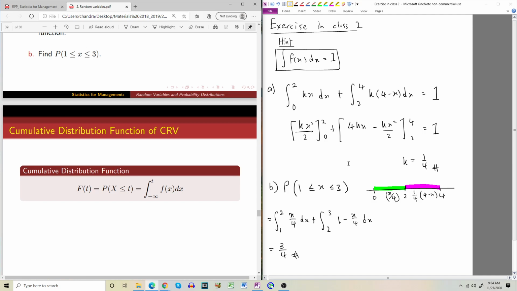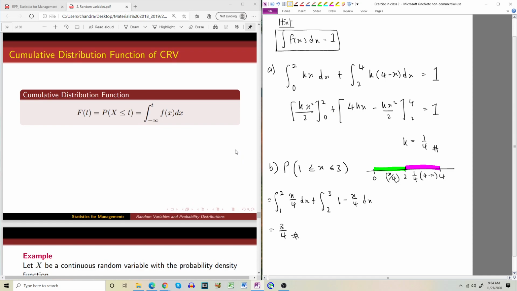Okay, I suppose you guys have copied this. Now let us move on to the next section, cumulative distribution function for continuous.